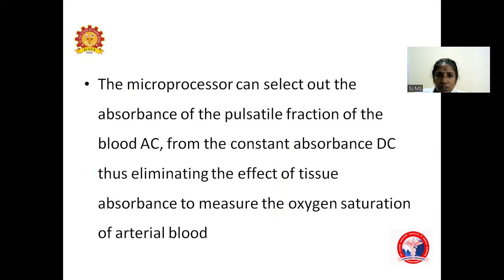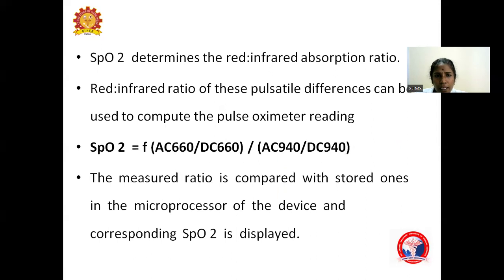The microprocessors can select out the absorption of the pulsatile fraction of the blood in AC from the constant absorption of the DC, thus eliminating the effect of tissue absorption to measure the oxygen saturation of the arteriolar blood. SpO2 determines both the red and the infrared absorption ratio, whereas the red to infrared ratio is the pulsatile difference that is being used to compute the pulse oximeter reading.